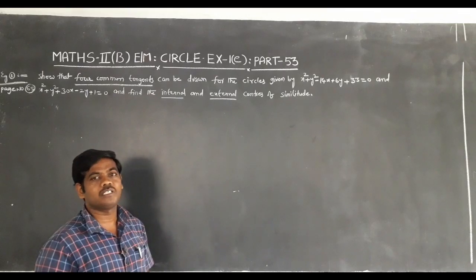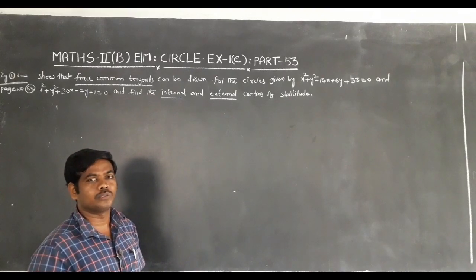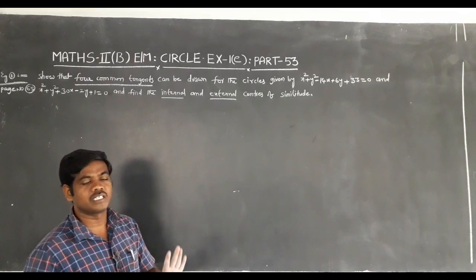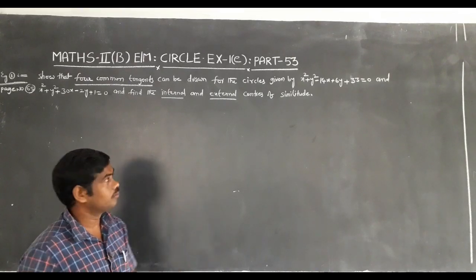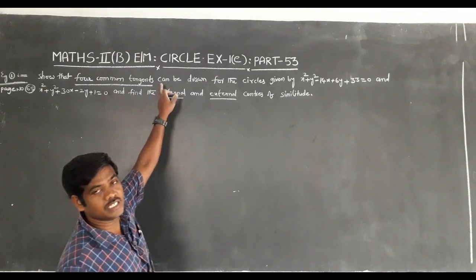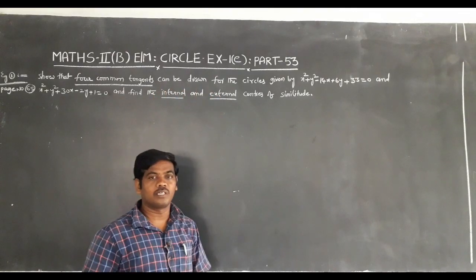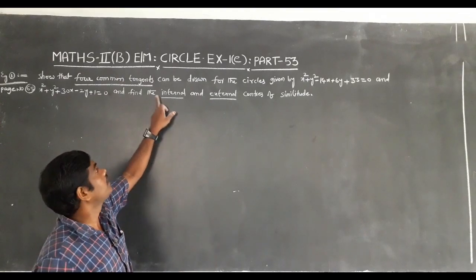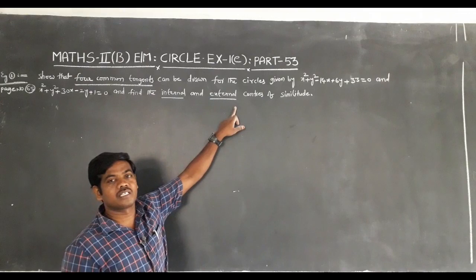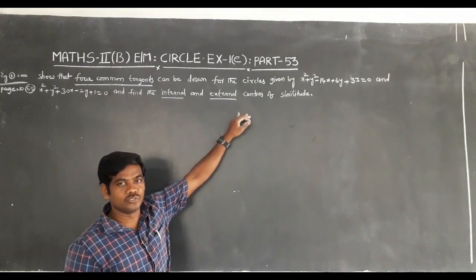If C1C2 is greater than R1 plus R2, the number of common tangents that can be drawn for the circles is 4. Again, we find the internal and external centers of similitude.